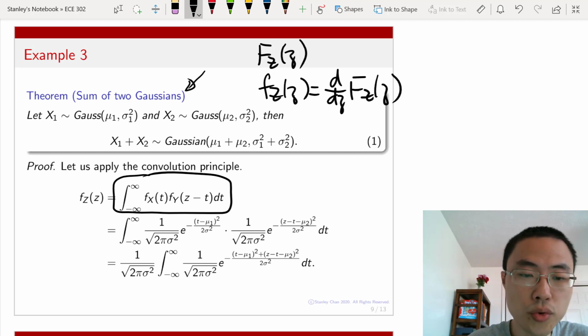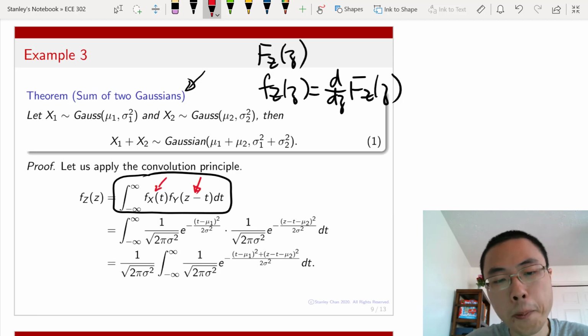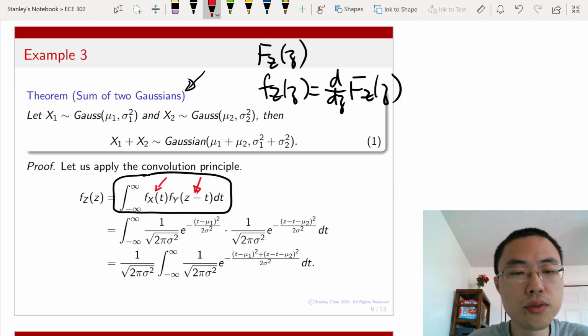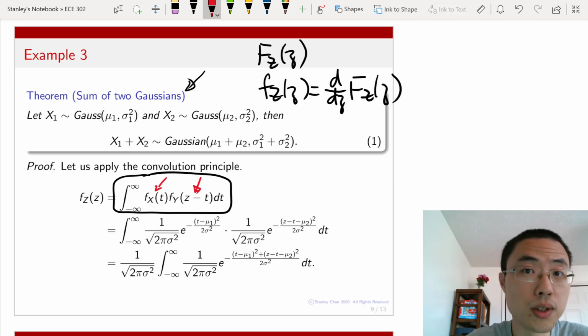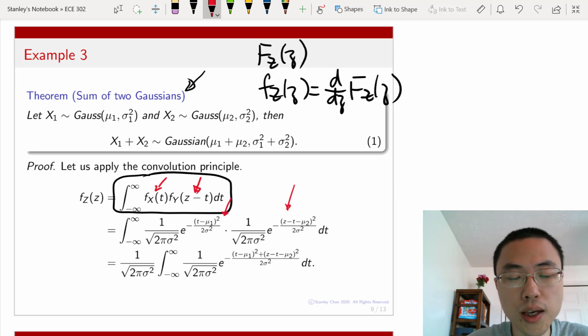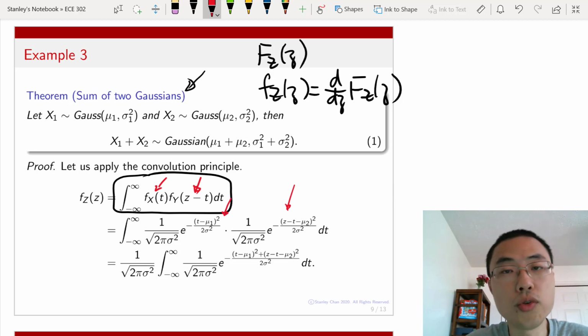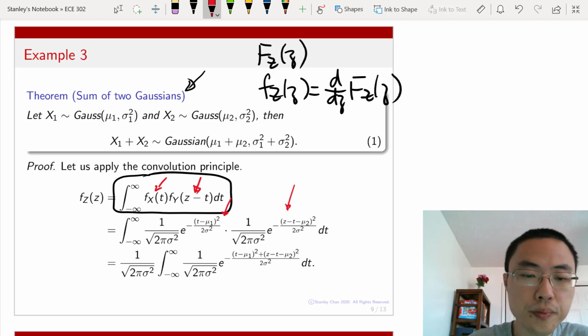So we can plug in the definition of your fx and fy. Now, the integration limit doesn't need to be changed because a Gaussian has support from minus infinity to infinity, so you do not need to worry about the integration limit. The only thing that you need to worry about is to plug in these two equations. Now you have two Gaussians, they are convolving each other. So you ask, what will it become?